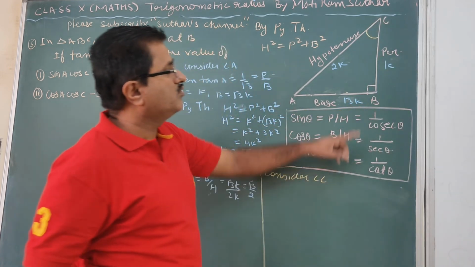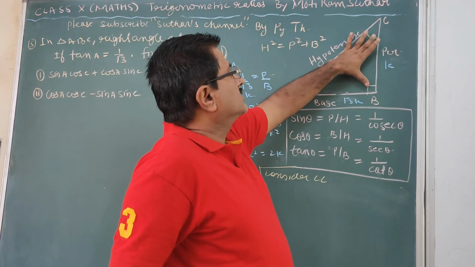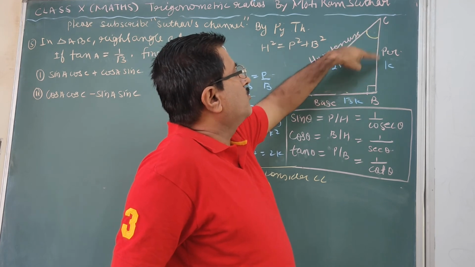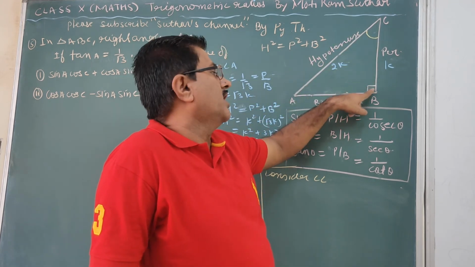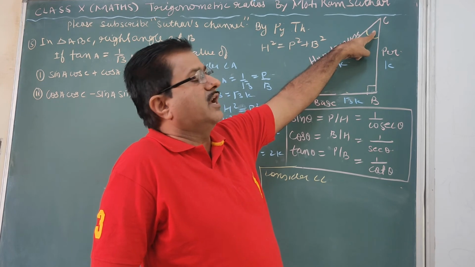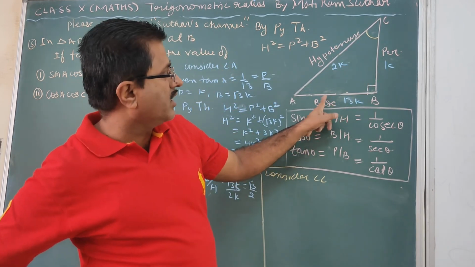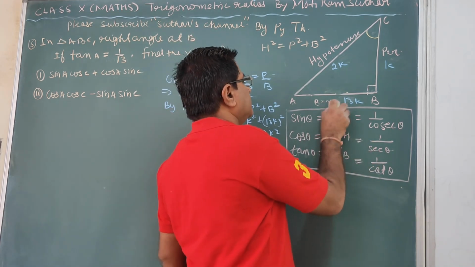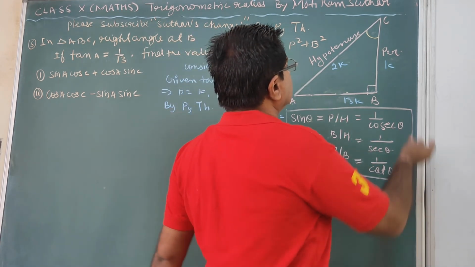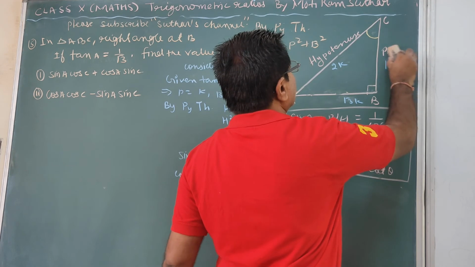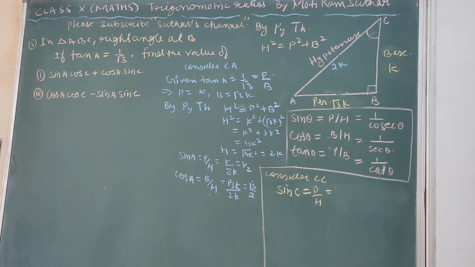in sign. Now we have already defined the side included by both the angles. Both the angles means the 90-degree angle and the considering angle, that side is always the base, as in the previous case. We are here taking base because we are considering angle A. So here this is now a change.